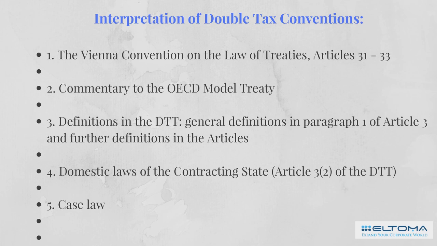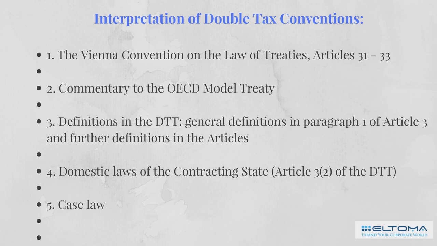The treaty itself also provides general definitions in paragraph 1 of Article 3, and also further definitions in the articles which deal with particular topics. For example, the dividend, interest, and royalties articles, which each of them contain a definition paragraph.